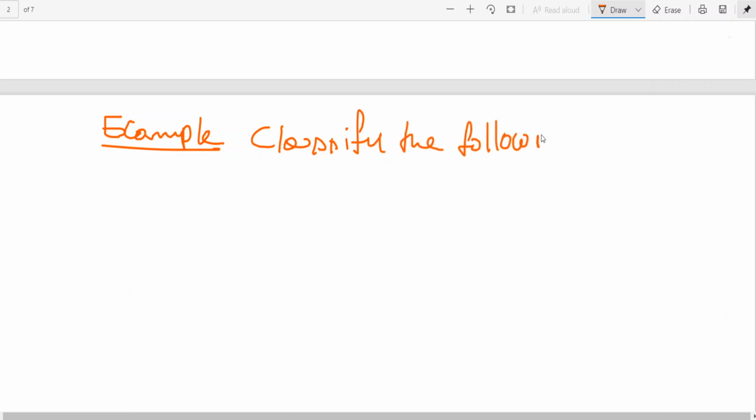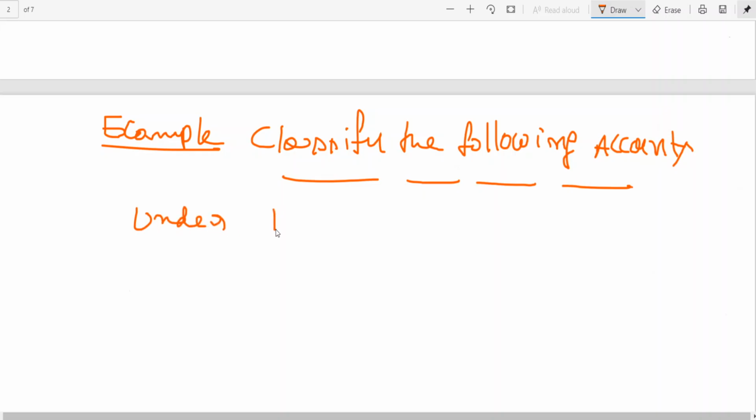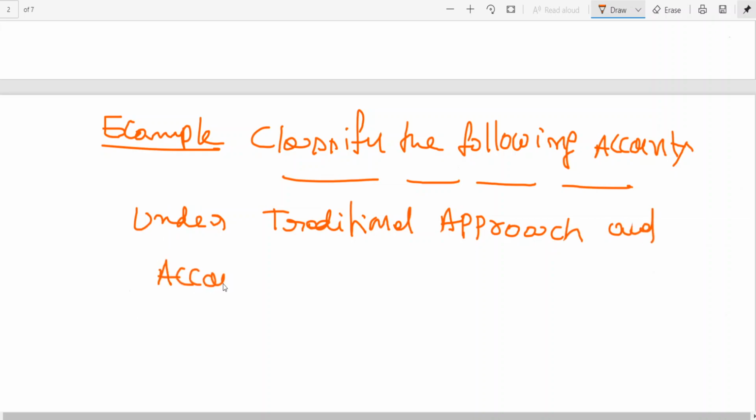Classify the following accounts under traditional approach and accounting equation approach.